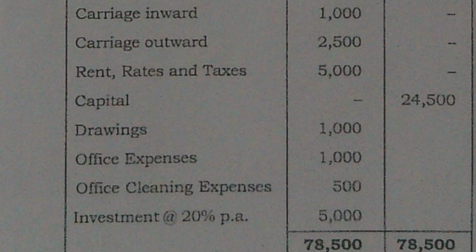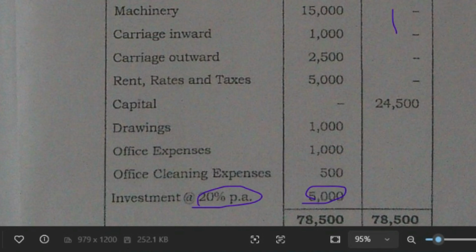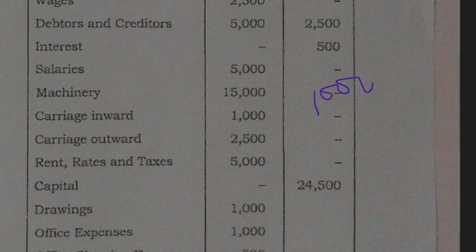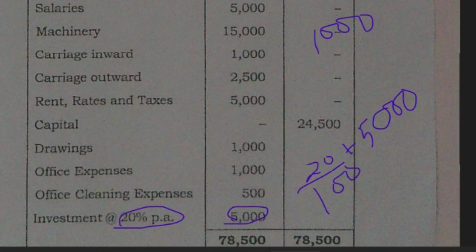And this 500 is interest on investment, calculated at 20% on 5,000, which is 1,000. 20% of 5,000 is 20 by 100 into 5,000. The business has given 5,000 as investment to somebody else, and that person will give interest of 1,000 per annum.